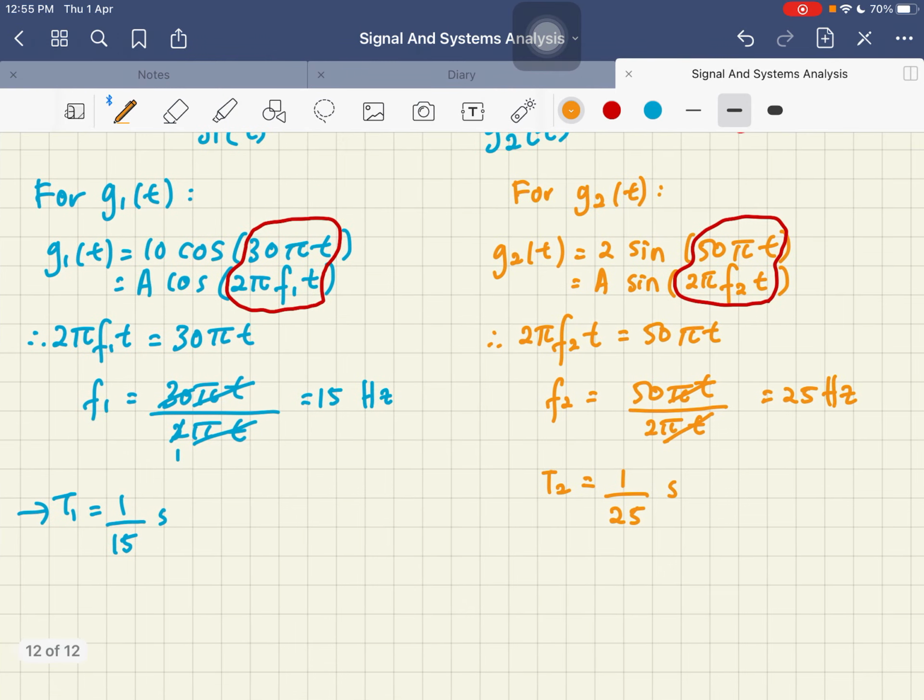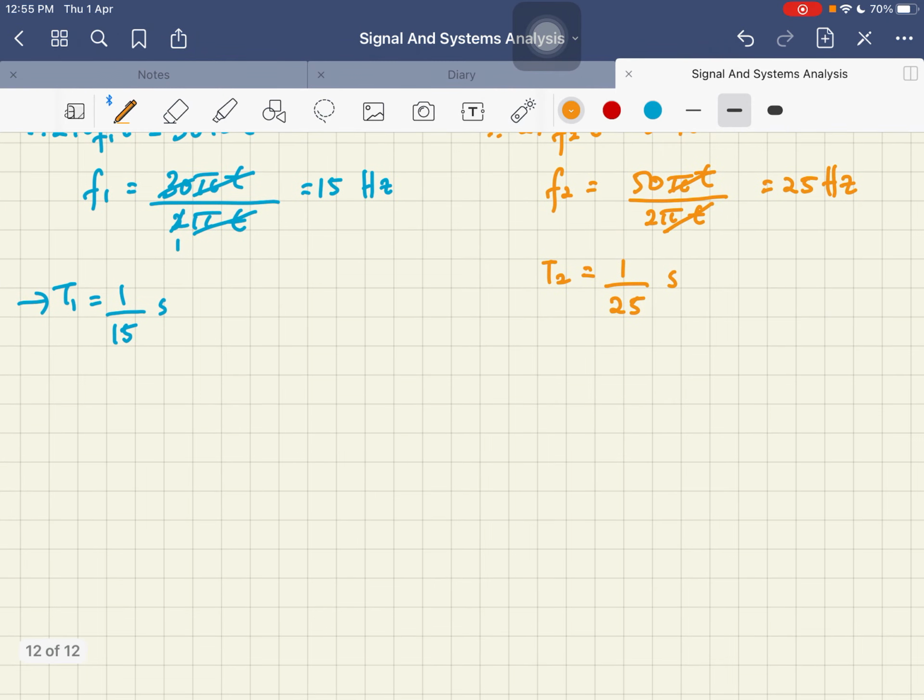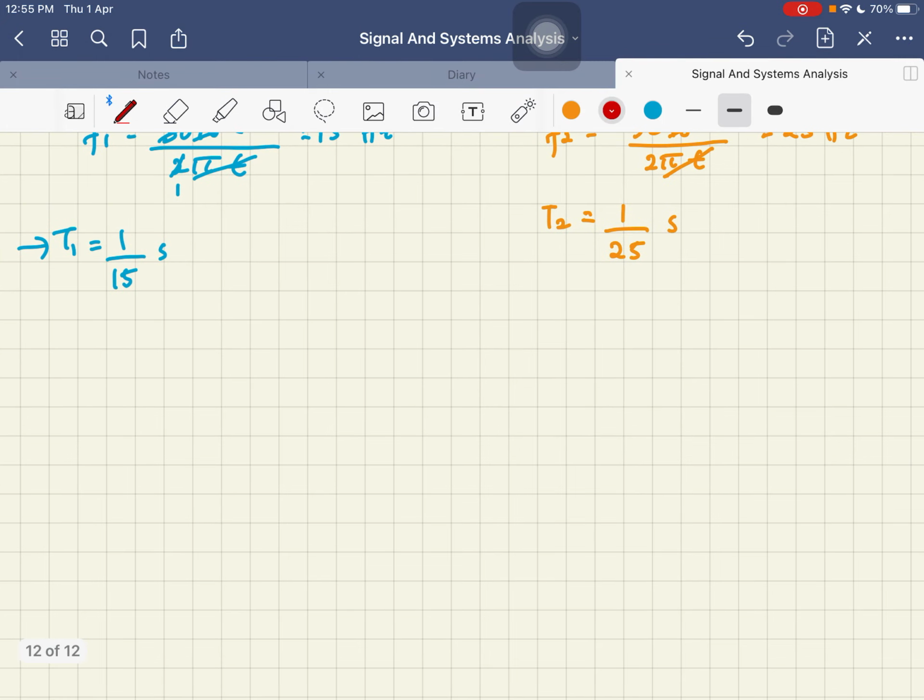Okay, so you see now I have two numbers, T1 and T2, and they are non-integer. So I'm going to use the least common multiple method to find the least common multiple for these two numbers, this number and this number, in order to determine what is the fundamental period of g of t.